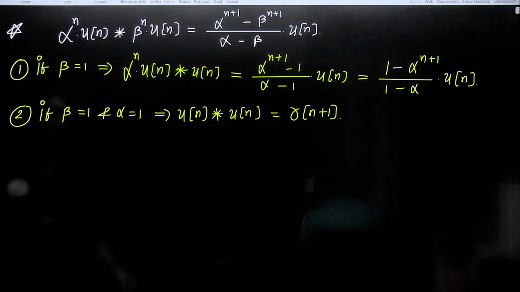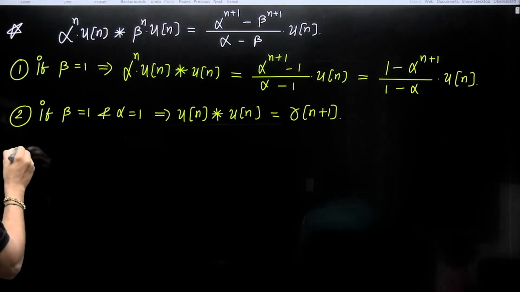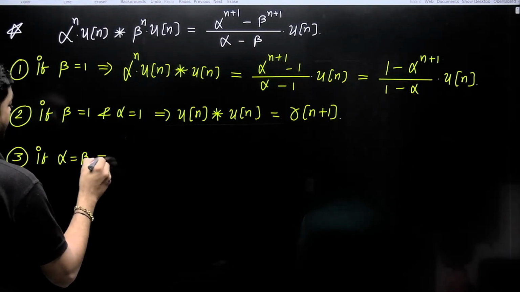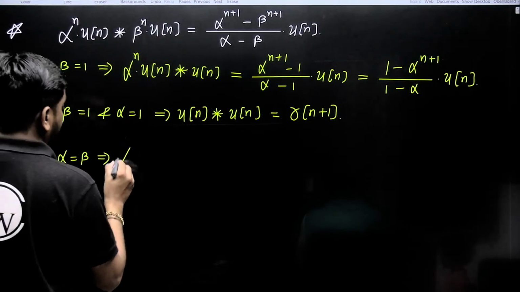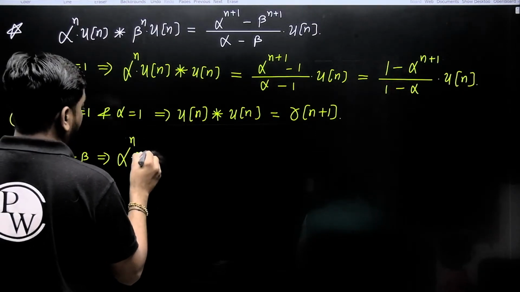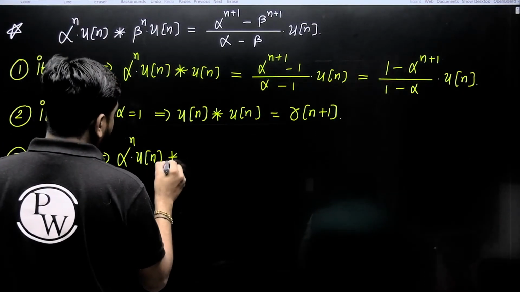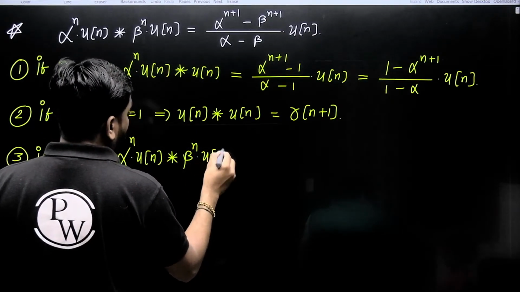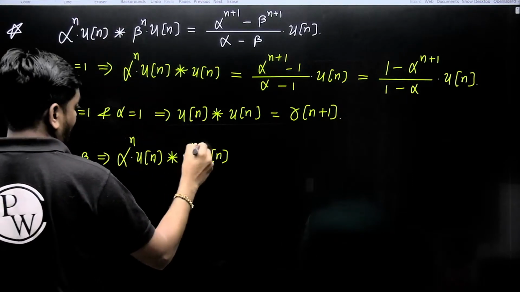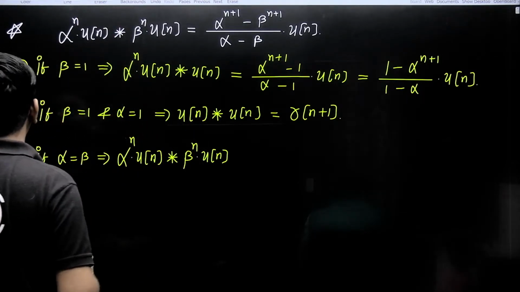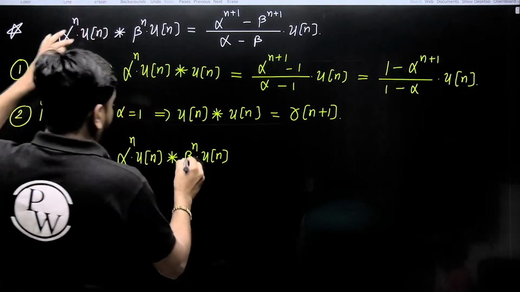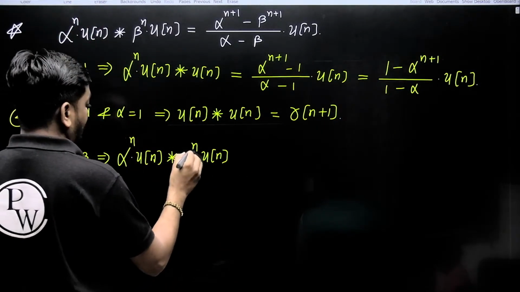And the last one is, suppose alpha is equal to beta, both are the same. Then alpha power n into u of n convolution with beta power n into u of n. So alpha equal to beta, replace alpha with beta or beta with alpha.